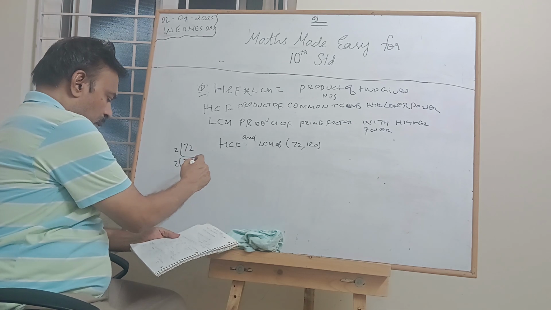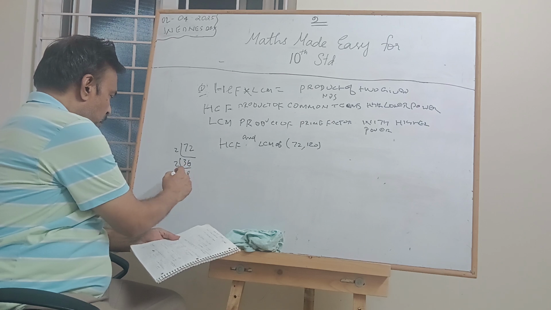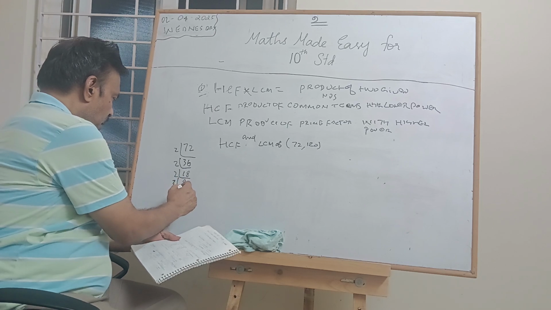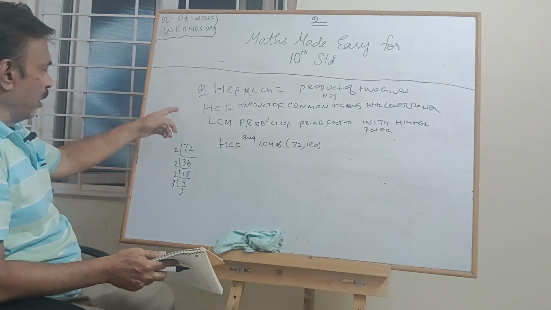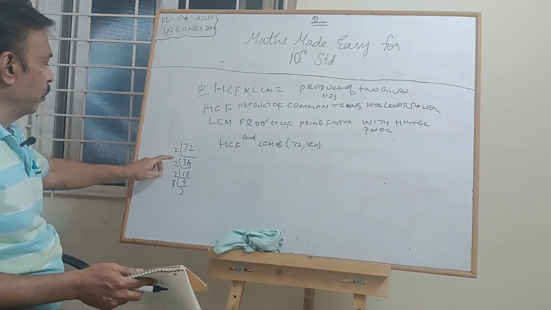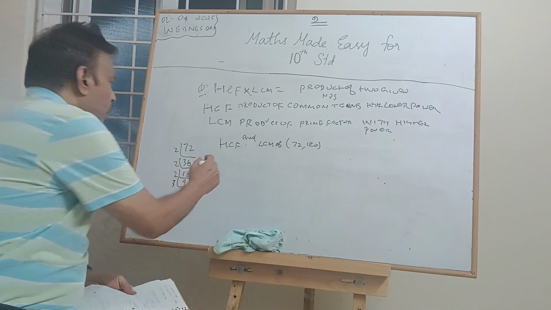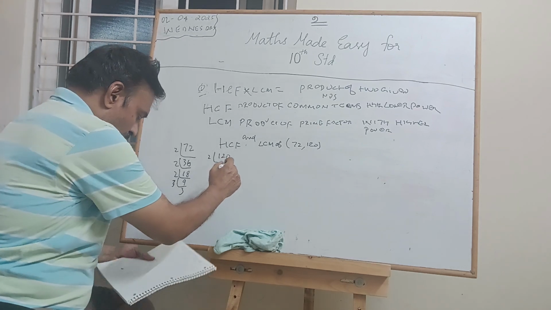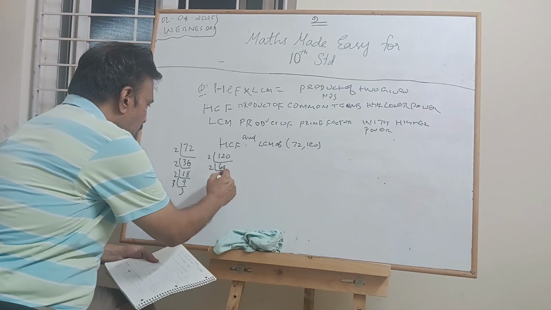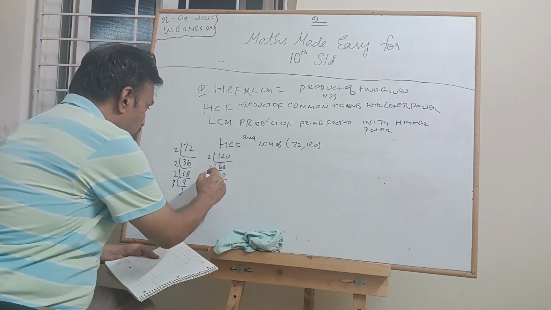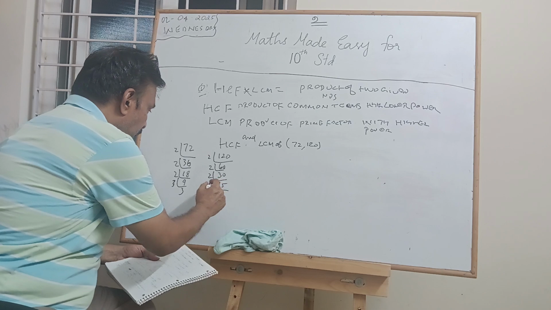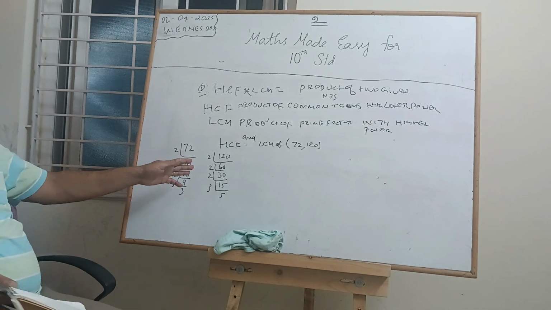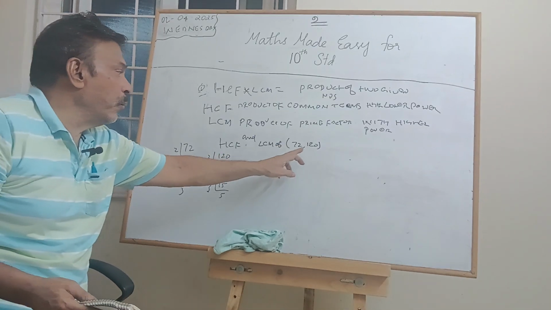Again 2, 18, 2, 9, 3, 3. So 72 is factorized like 2, 2, 2, 3, 3. Like that 120 has to be factorized. 2, 60, again 2, 30, again 2, 15, again 3 into 5. This is the way you factorize these two numbers, 72 and 120.